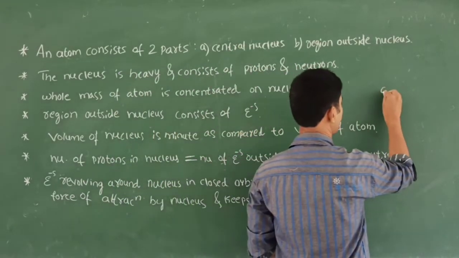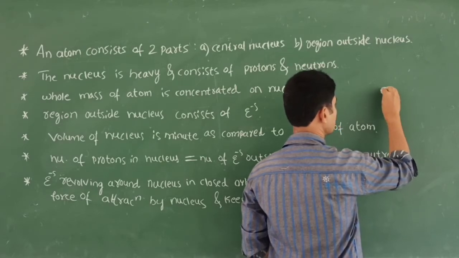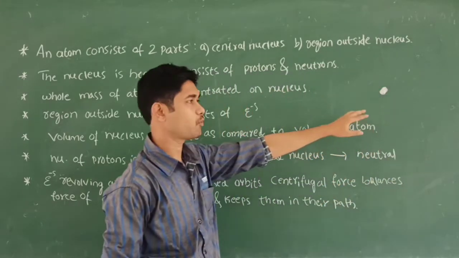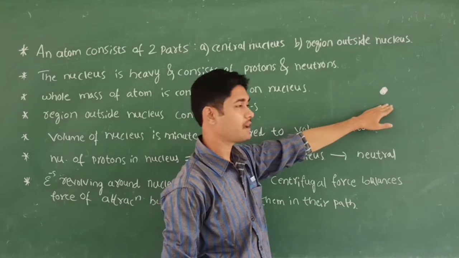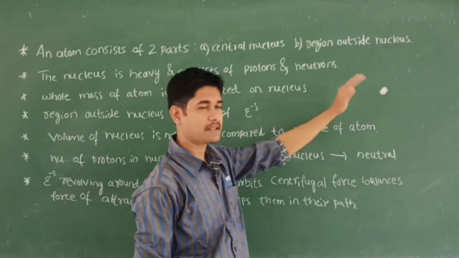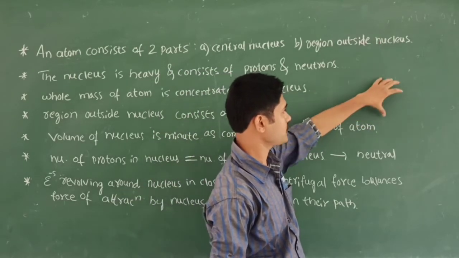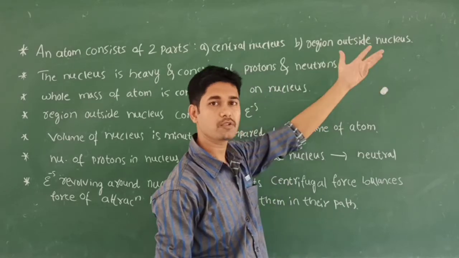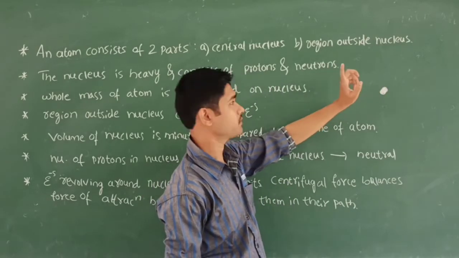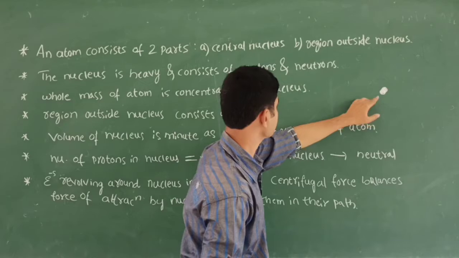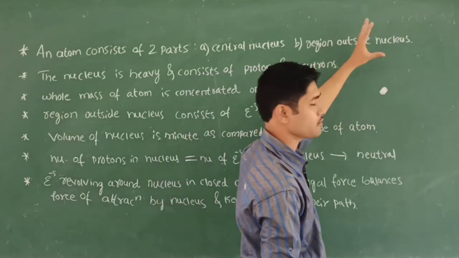If I take this as the atom, this portion I am going to call the nucleus, and this is the first region. The second region outside this nucleus is the second part. So the first part is the central nucleus and the second part is outside the nucleus.